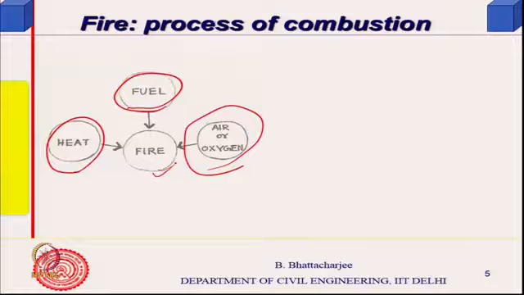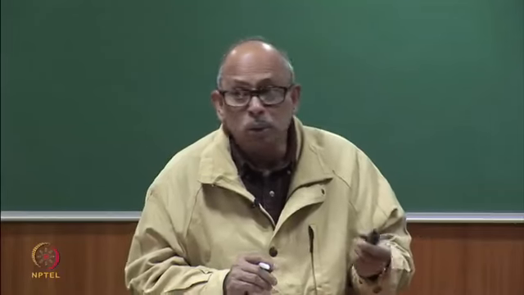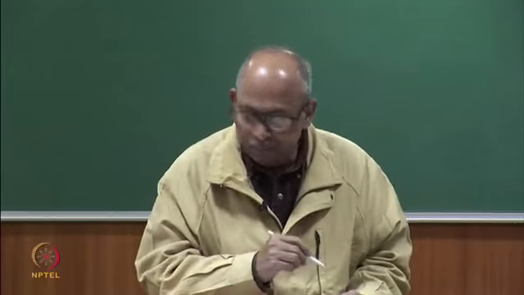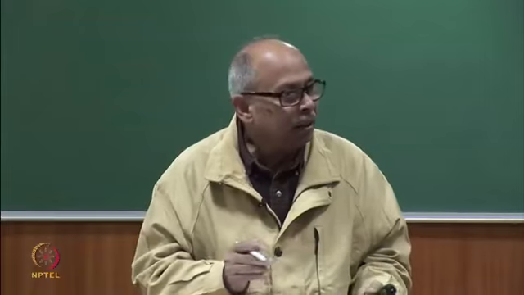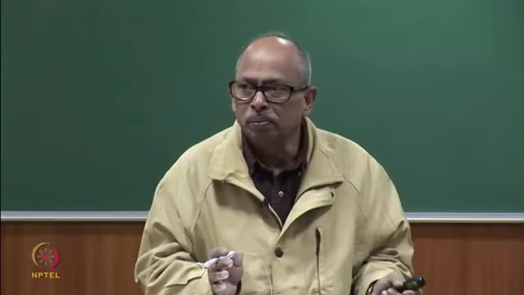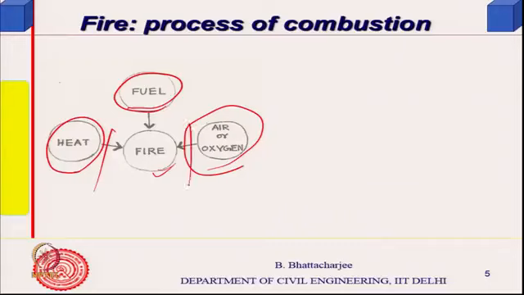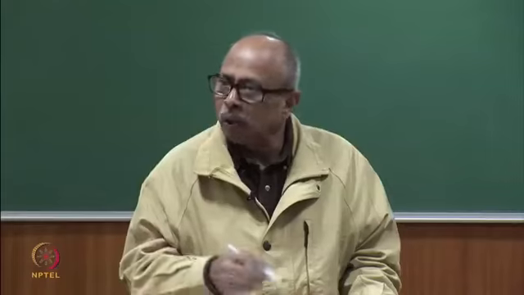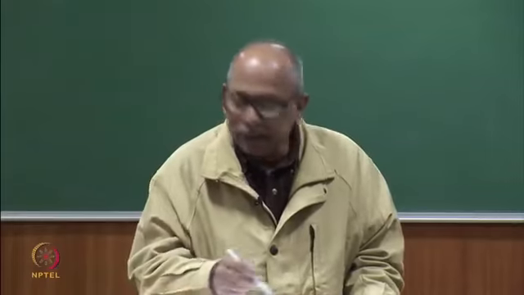We will also talk about it later when we talk about suppression. If I cut any one of them, then fire will stop. So, even for a fire suppression system or otherwise, the strategy comes from this.